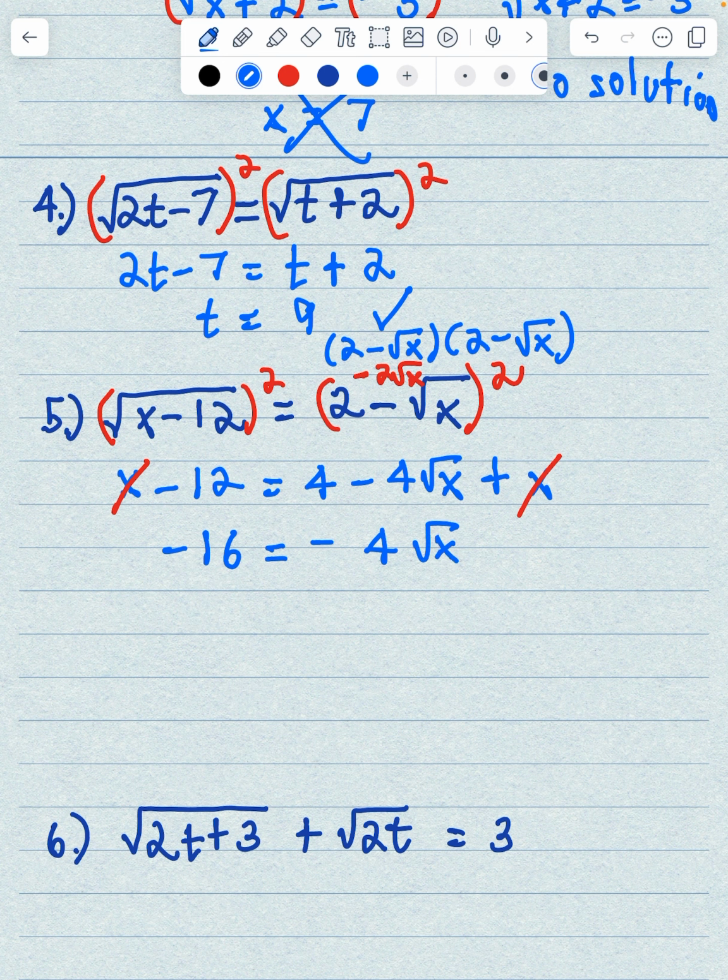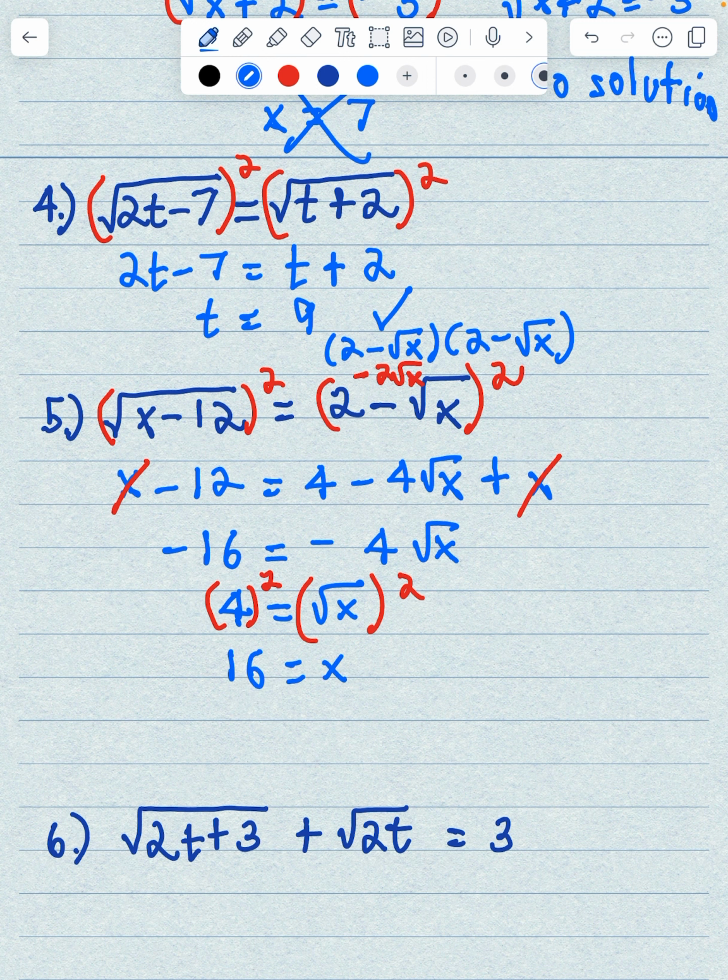And I can divide both sides by negative 4, which gives me 4 equals the square root of x. And now I've isolated my radical, so I can square both sides, and I am going to get 16 equals x.